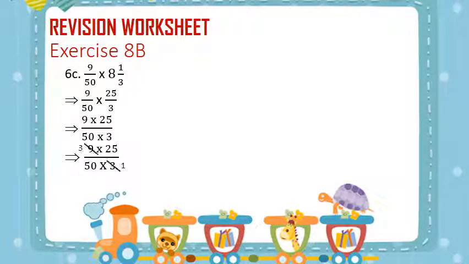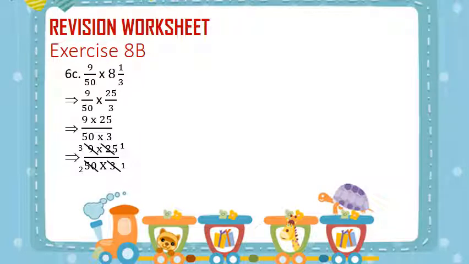Now children, we will divide 9 in the numerator and 3 in the denominator by common number 3. So 9 divided by 3 is equal to 3, and 3 divided by 3 is equal to 1. And again we will divide 25 in the numerator and 50 in the denominator by common number 25. 25 divided by 25 is equal to 1, and 50 divided by 25 is equal to 2.